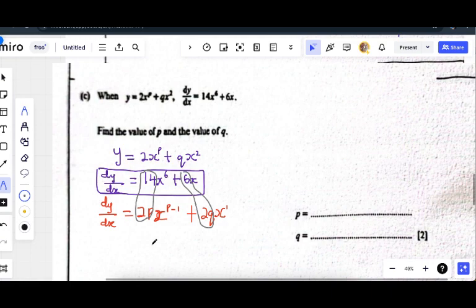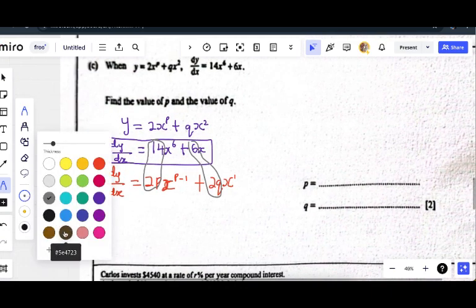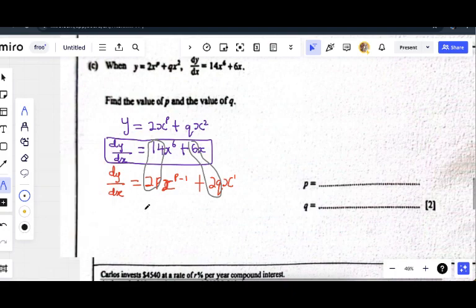So in doing that, we say 2p is equal to 14. If we equate this first one, 2p is equal to this 14.